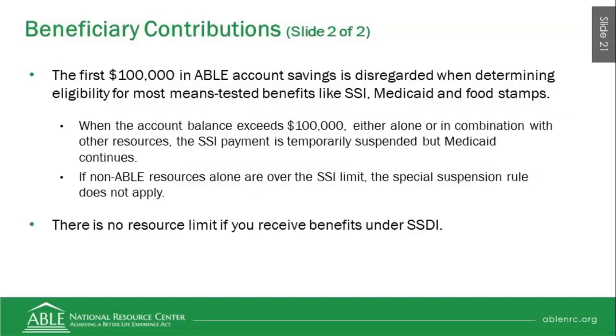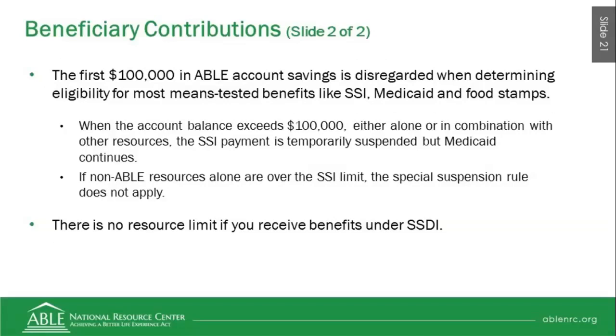Again, continuing on with beneficiary contributions, when the SSI program or SNAP, that's the food stamps program, or Medicaid look at savings you've accumulated in your ABLE account, and that's your savings plus the growth, they do not count the first $100,000. That means they disregard that whole lump sum, the whole $100,000.